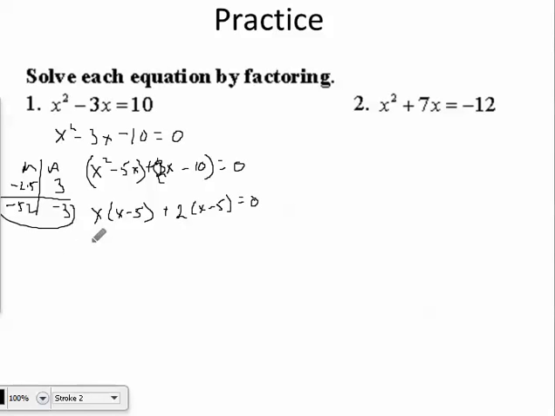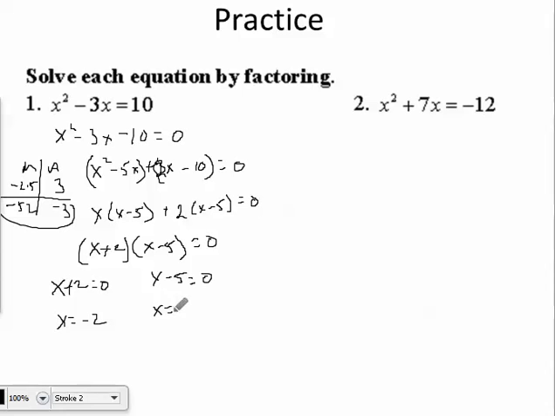And when I factor this, I'm going to get an x plus 2 and an x minus 5. I've got two terms equal to 0. So that means that either x plus 2 equals 0, in which case x is equal to negative 2, or x minus 5 equals 0, in which case x is equal to 5.